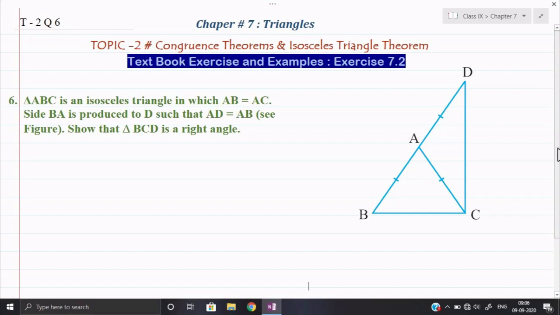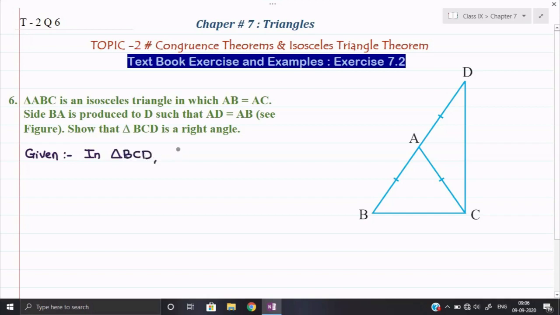First of all, we shall write down the given things. Okay, so first let us write down the given. In the given, first we will mention in triangle BCD, what we have?